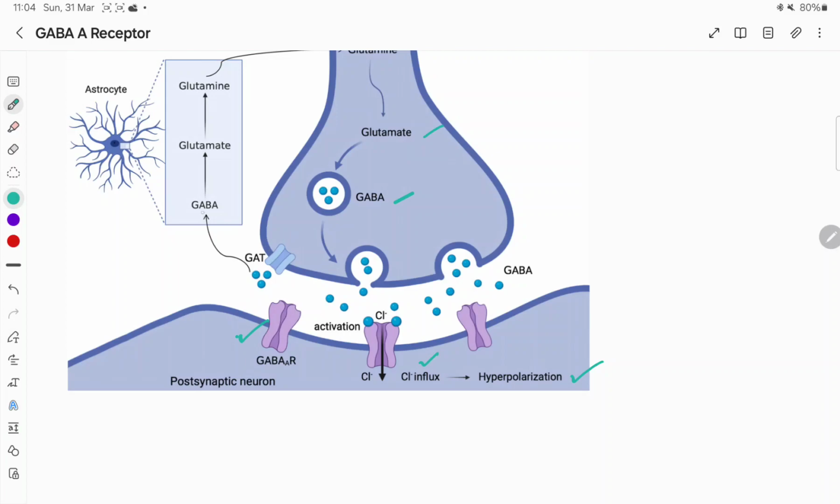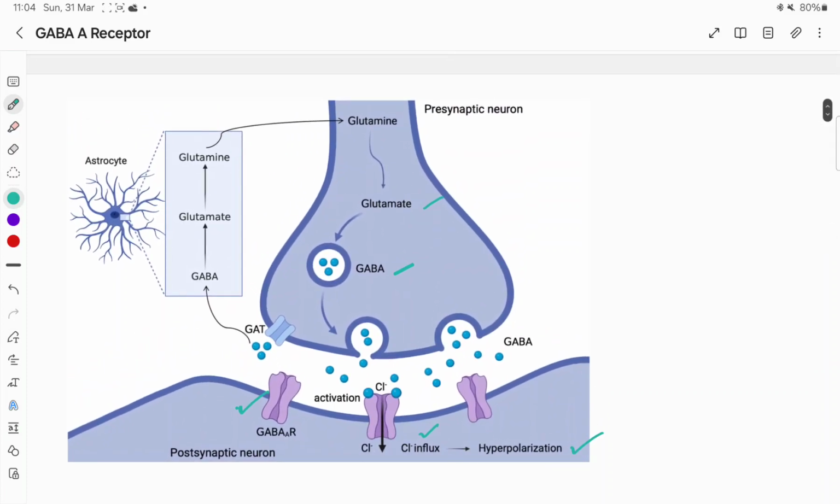This GABA is also taken up by the astrocytes, in which again the recycling of glutamine occurs. GABA is converted to glutamate, then glutamate is converted to the amino acid glutamine, which enters into the neuron.